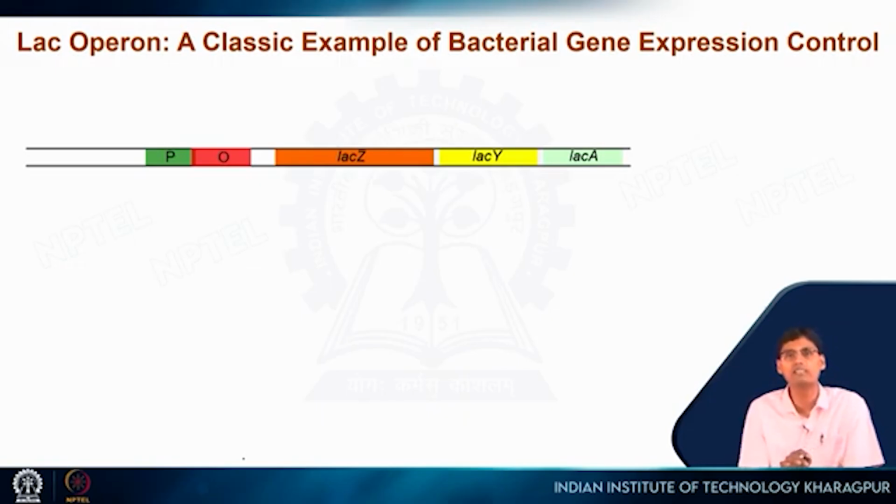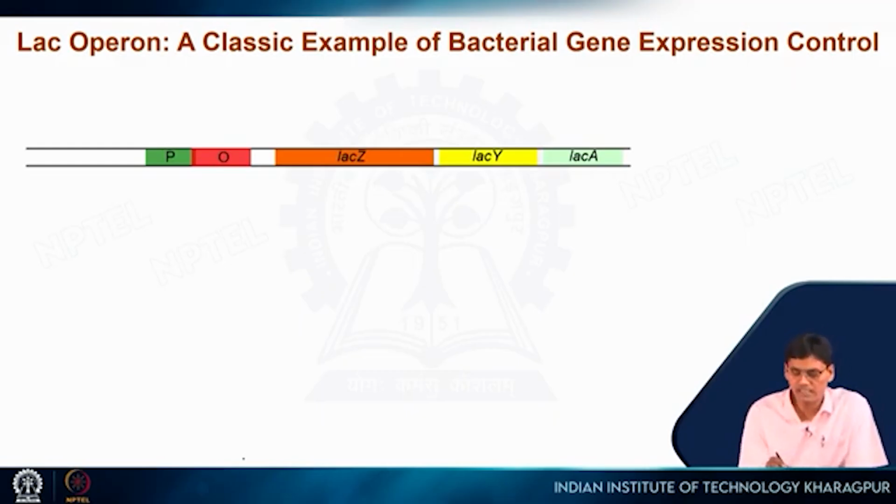If everything gets transcribed and translated, all three products will be formed and help in lactose metabolism. But if lactose is not present, the bacteria will not make these unnecessary products. So this operon is somehow regulated so that without requirement it will not make the product. How? I am going to explain that.